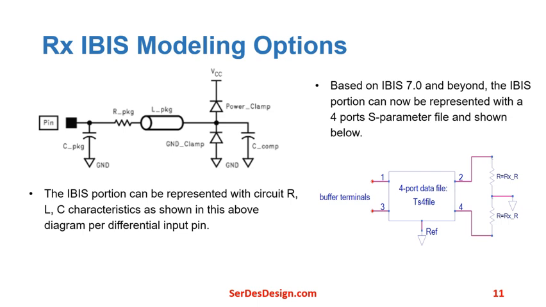However, per the IBIS spec 7.0 and beyond, the IBIS portion can now be modeled using 4-port S parameters. This approach is a full fidelity approach that will accurately represent the Rx circuit input impedance facing the differential channel. My experience has shown that most Rx SerDes circuit designers cannot easily separate out the S4P data for the input buffer from the rest of their Rx circuit.